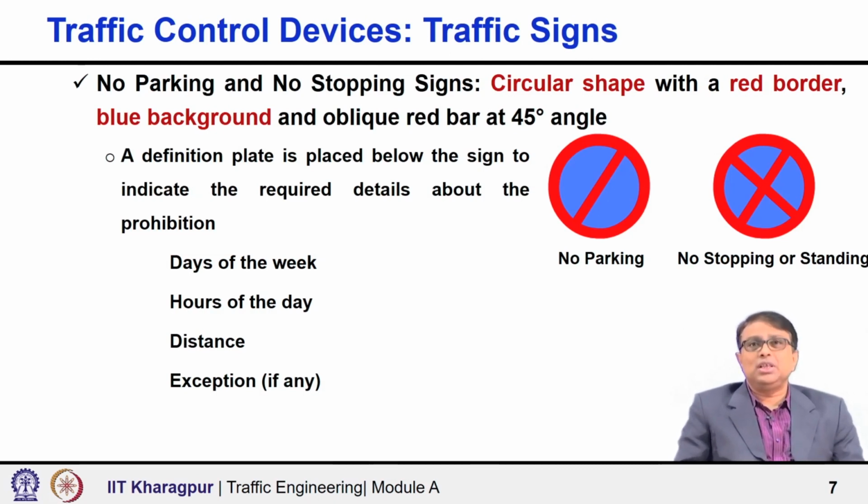So, you cannot park there, but for a very short time you can stop just for pick up or drop off. But if there is no stopping or standing, that means you cannot even stop there, forget about parking. So, more stringent is the no stopping or standing sign.